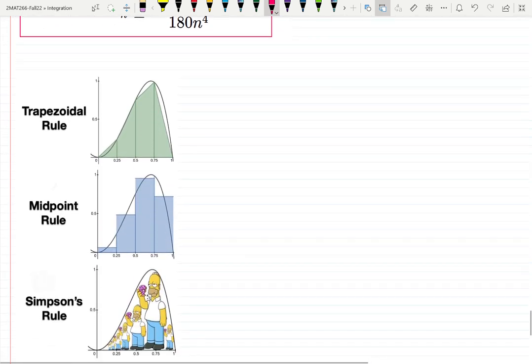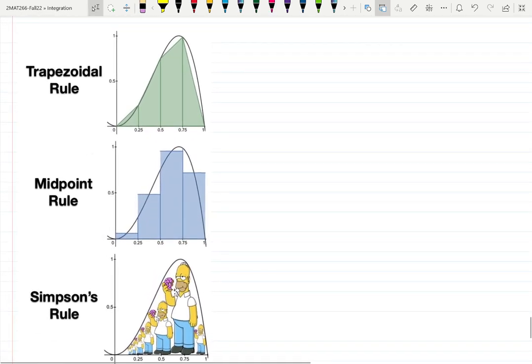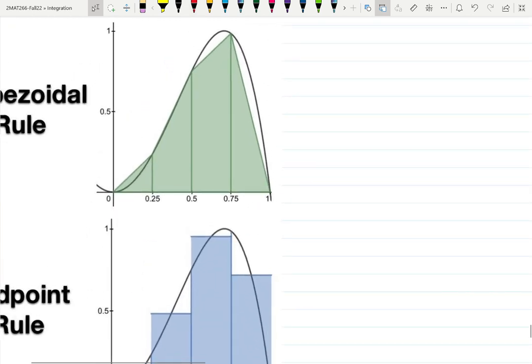And also, when it comes to approximation, overestimation, or underestimation, you should check the graph. If the graph is concave down, like in this example, look at the trapezoidal rule. Because it makes this cut as a trapezoid, right? As you can see, white empty places give you the understanding that this approximation will be an underestimation.